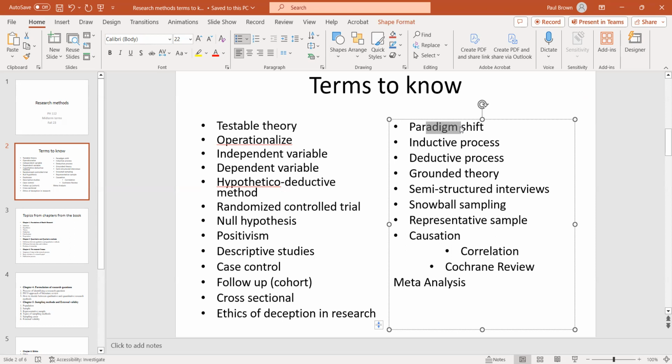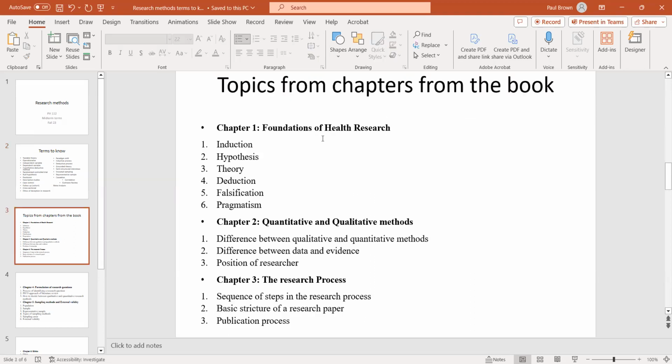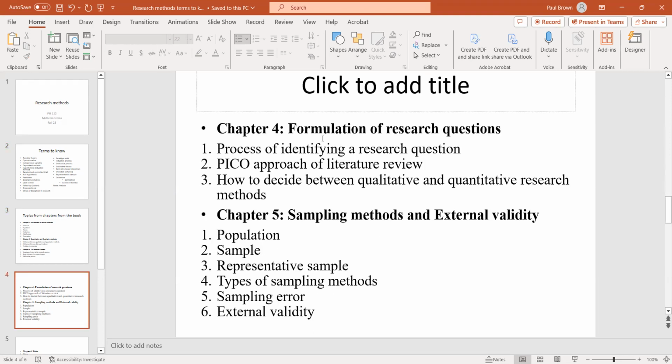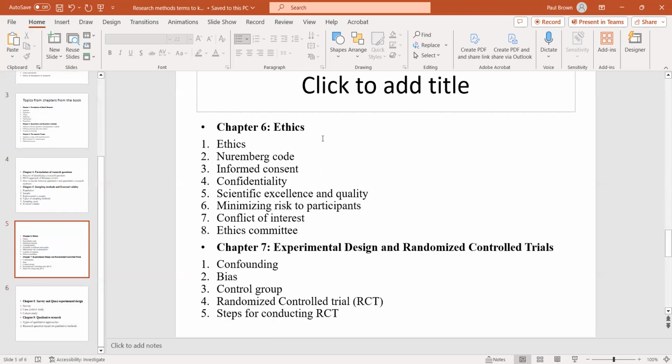All right. So the rest of this just goes through and gives you some of the things from the chapters that were consistent with what we've covered. Like I said, for the most part, things that we covered in class that are in the book are the things to concentrate on.